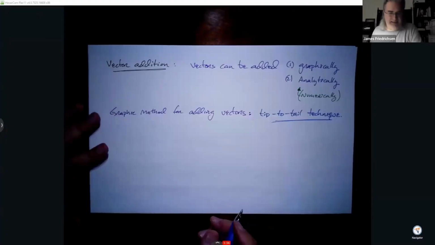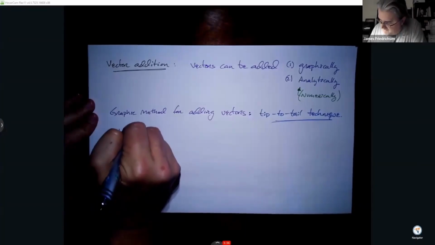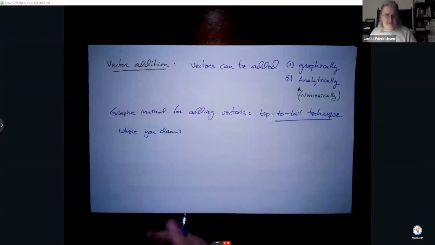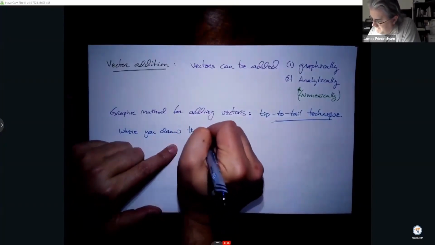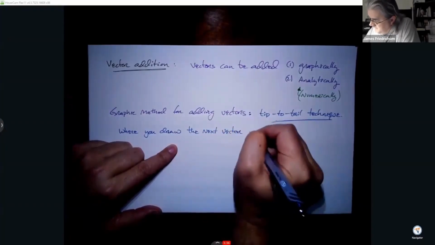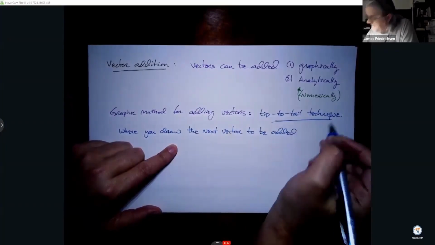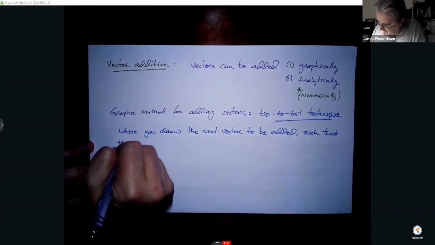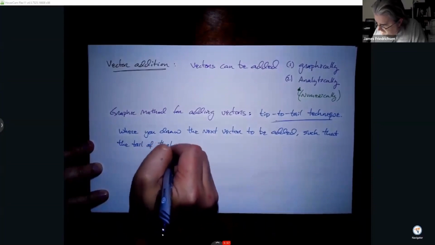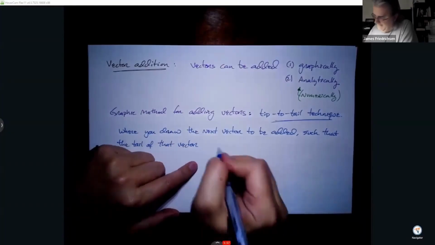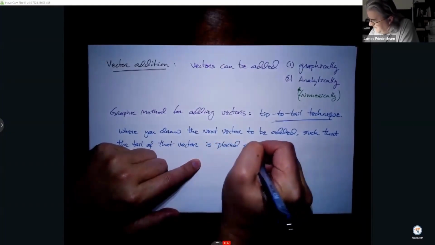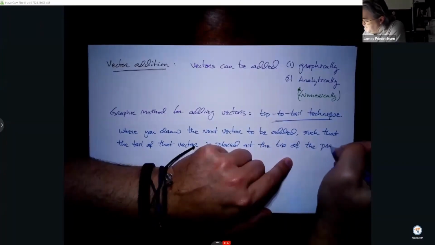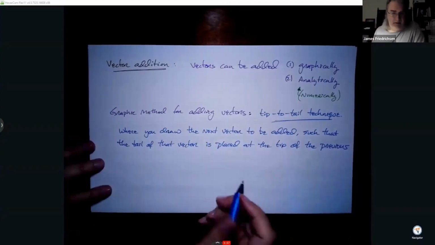And so in this particular technique, what will happen is we're going to draw, because it's graphic, the next vector to be added such that the tail of that vector is placed at the tip of the previous vector.